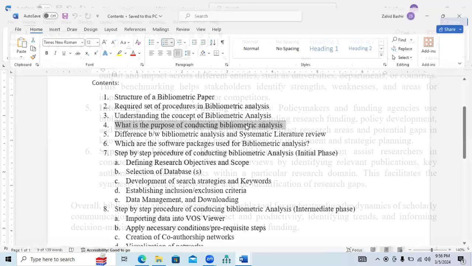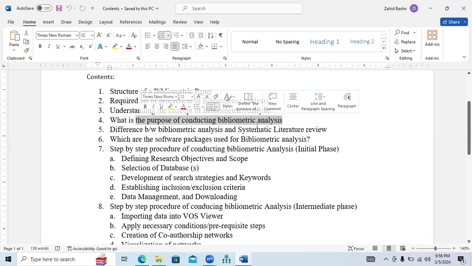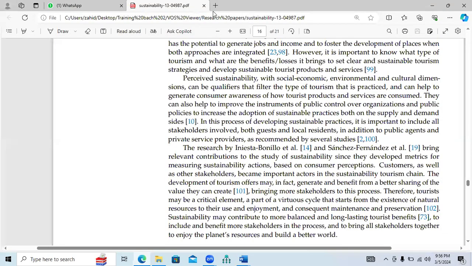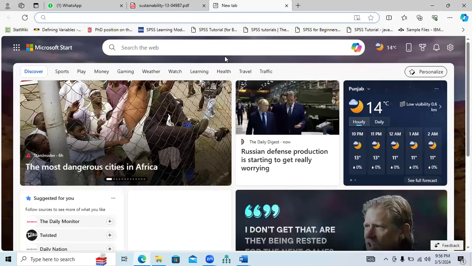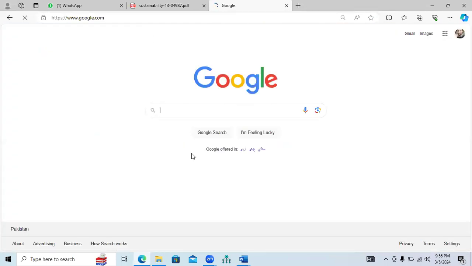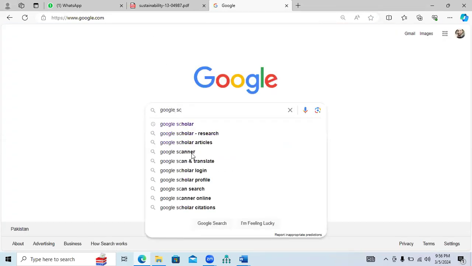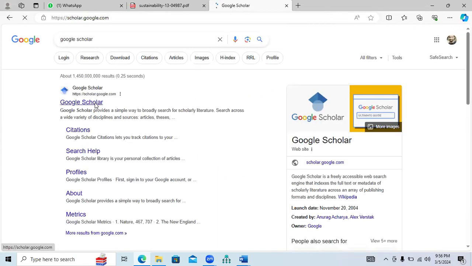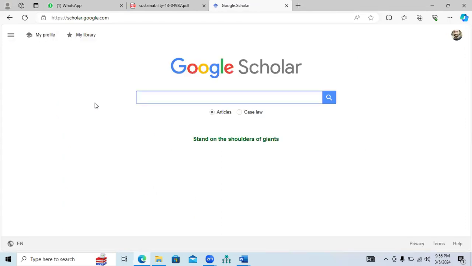So we have covered the purpose, we have covered the concept, and the required set of procedures I have discussed here. Now, the structure of a bibliometric paper, I was letting you know. Let's suppose I would like to open some website, like Google Scholar. You need to see a bibliometric paper.